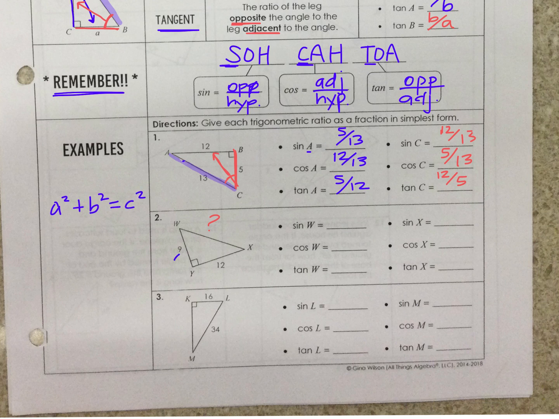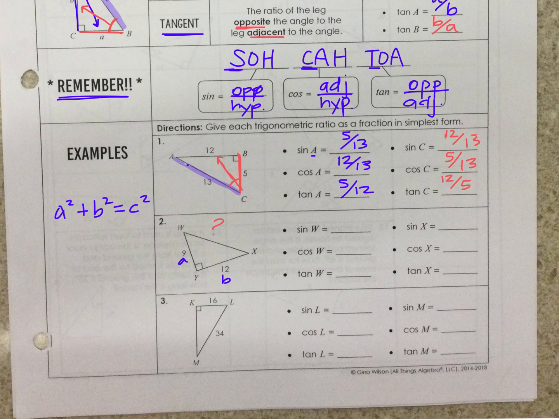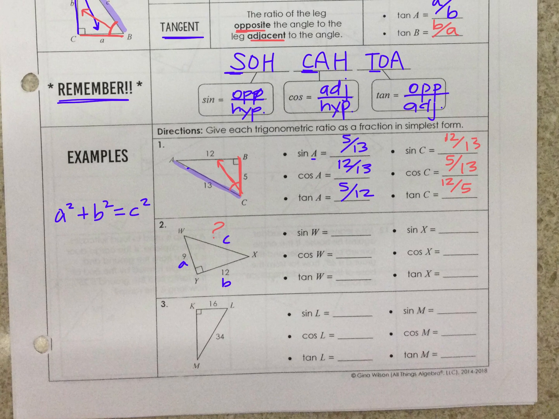The hypotenuse is always C. So it'd be 9 squared plus 12 squared equals C squared. 9 squared is 81, 12 squared is 144. When I add them together, I get 225 equals C squared. Now I square root that. The square root of 225 is 15. So that question mark is really a 15.